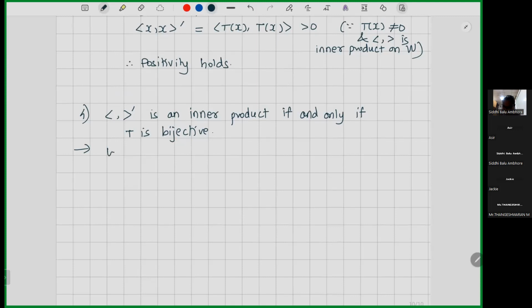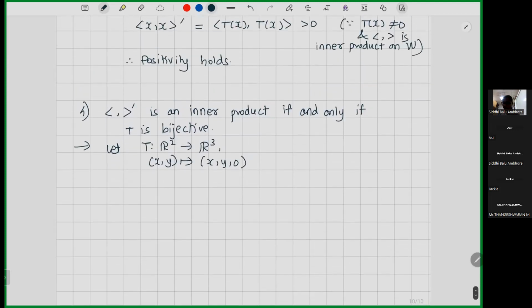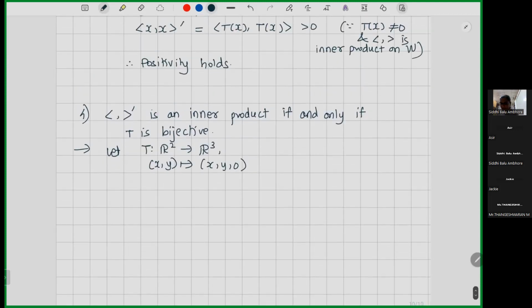Okay, so let us do this map. Let T be from R2 to R3 such that (x, y) goes to (x, y, 0). Then this map is injective, but this is not a bijective map.